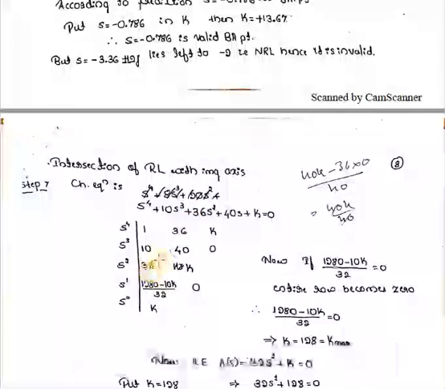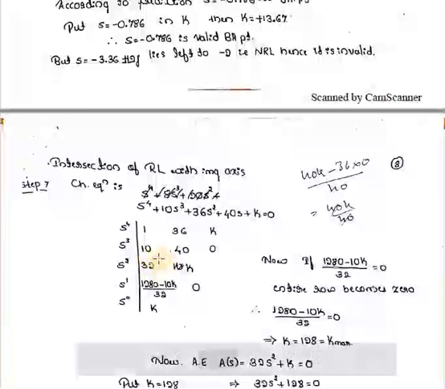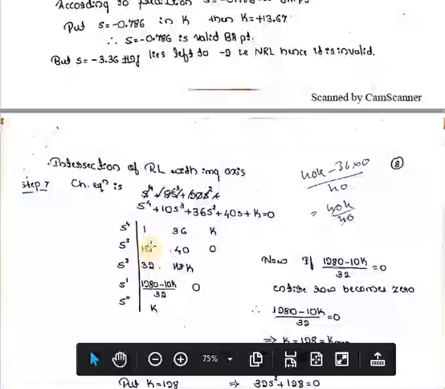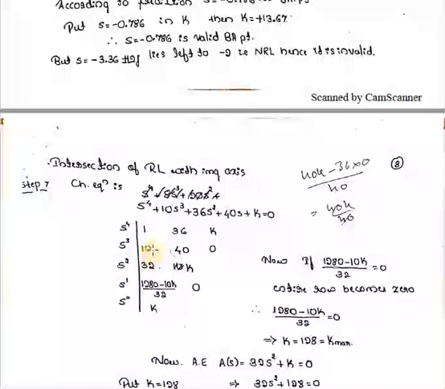Now to get this value, this into this minus this into this divided by this 10, we will get 32. Similarly here, 40 into k minus 36 into 0 will be 0, divided by 40, so it will be k only.